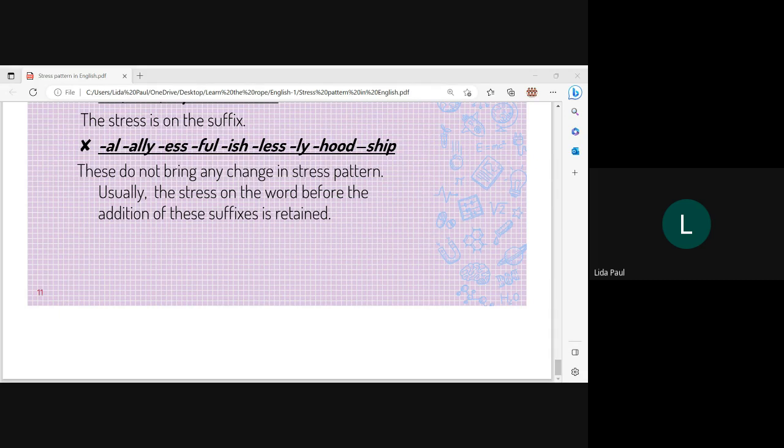In a word like recipe, where is the stress? Second syllable? Last syllable? First syllable. What is recipe? It's a noun, right?